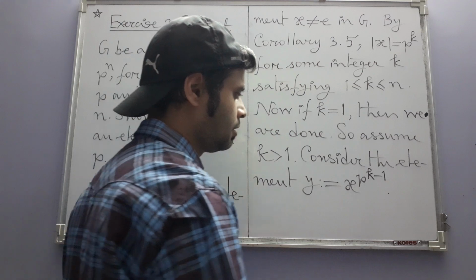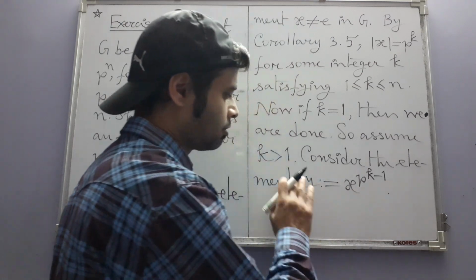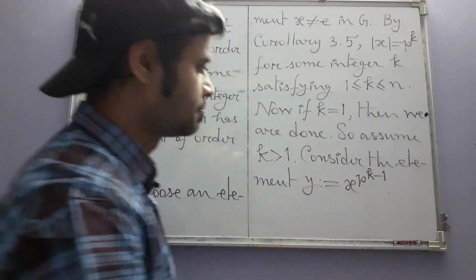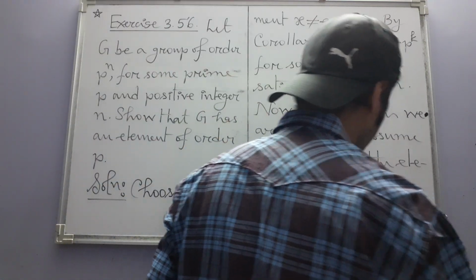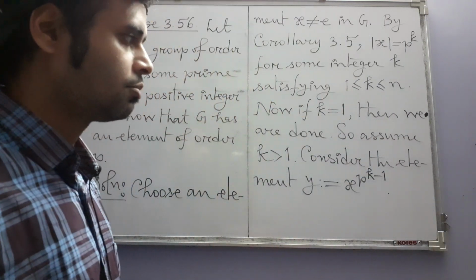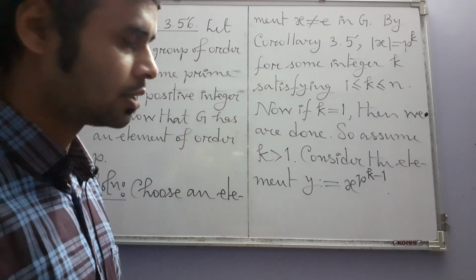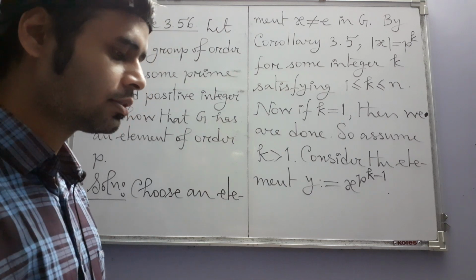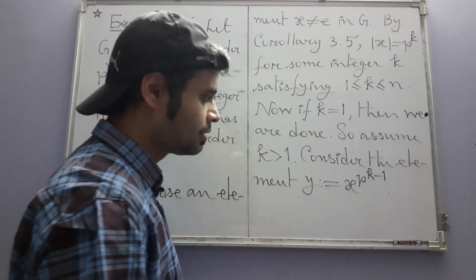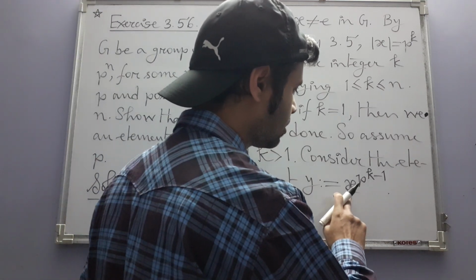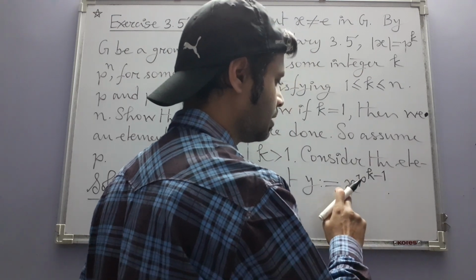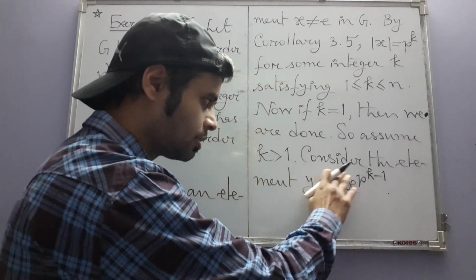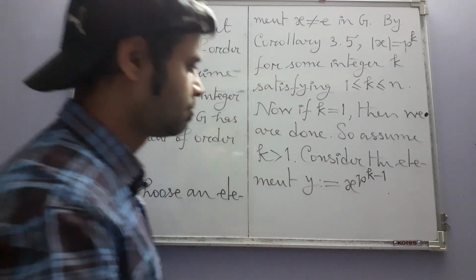Fine. So now we are considering this element y, which is actually this. Now we know how to calculate the order of y from a previous result that we have come across, and it is corollary 3.2, which tells us how to calculate the order of a power of an element when you know the order of the original base element itself.